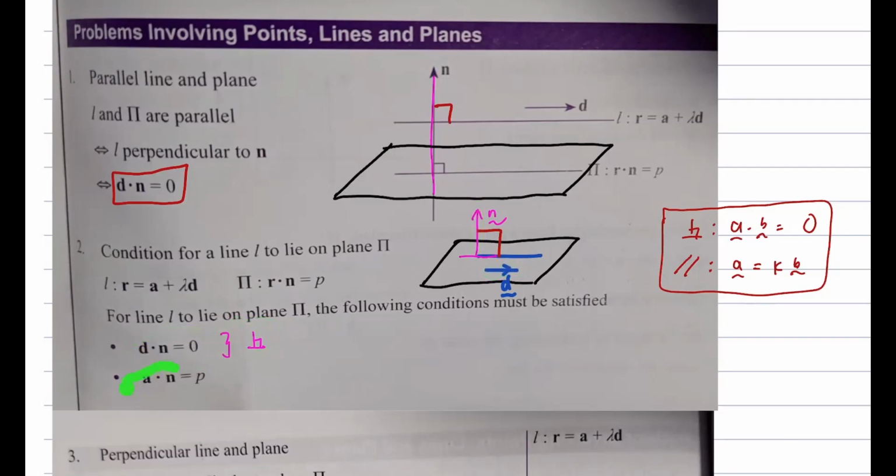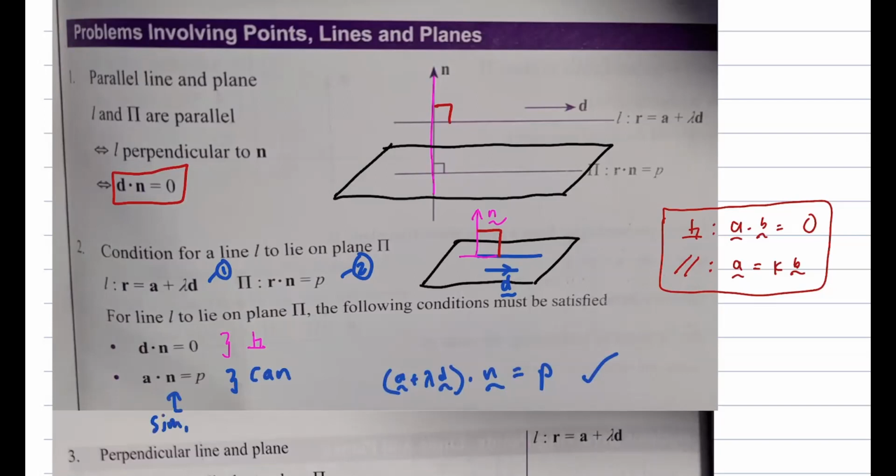The next condition is A dot N equals P. Why is that true? This is equation 1, that is equation 2. If it lies on the plane, you must be able to do substitution. So that means your R dot N equals P must be (A plus lambda D) dot N equals P. This must be satisfied. Maybe I should write down that this is a simplified version.